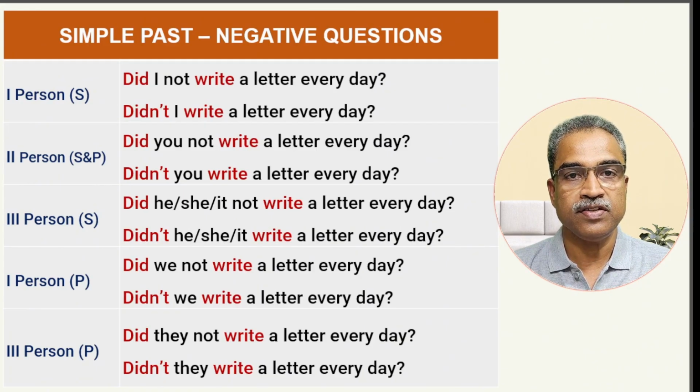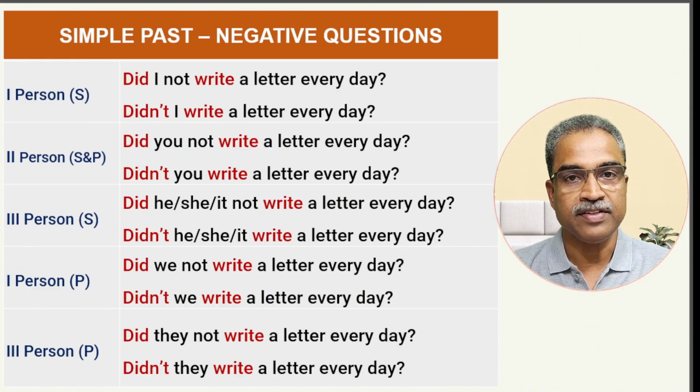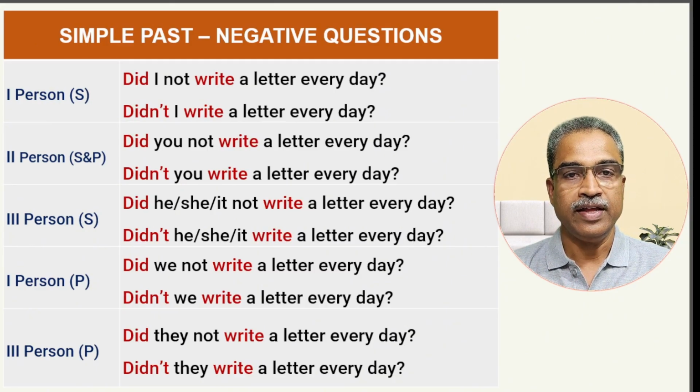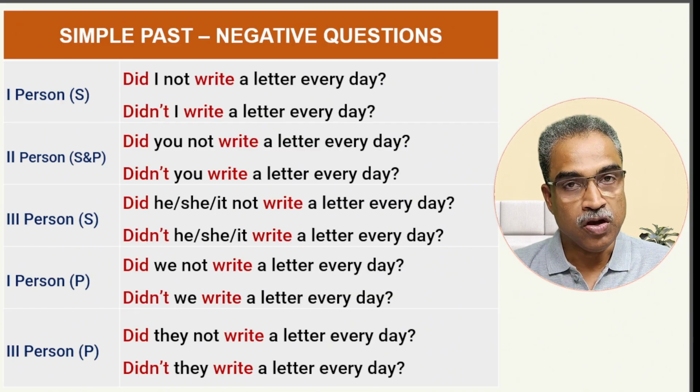But in the past tense, you replace that do and it becomes did. So the question was, do I not write, in the simple present tense. In the simple past tense, instead of do, we just have to use did, and everything goes well then. So, did I not write a letter? Did you not write a letter?